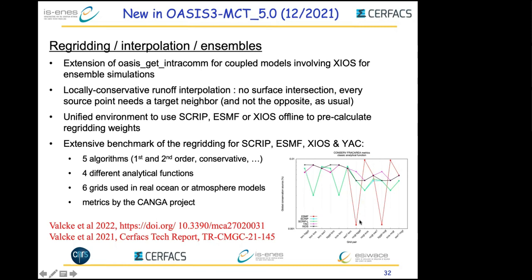We have those types of graphs for 5 algorithms, 4 different analytical functions, and all the couples of grids and all these remapping libraries. So it's quite an extensive analysis of the regridding possibilities that you can use for Earth system modeling today.